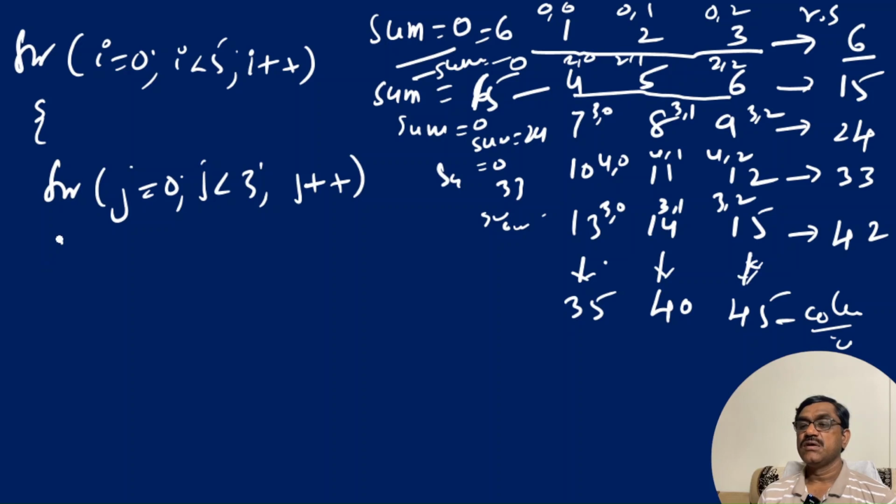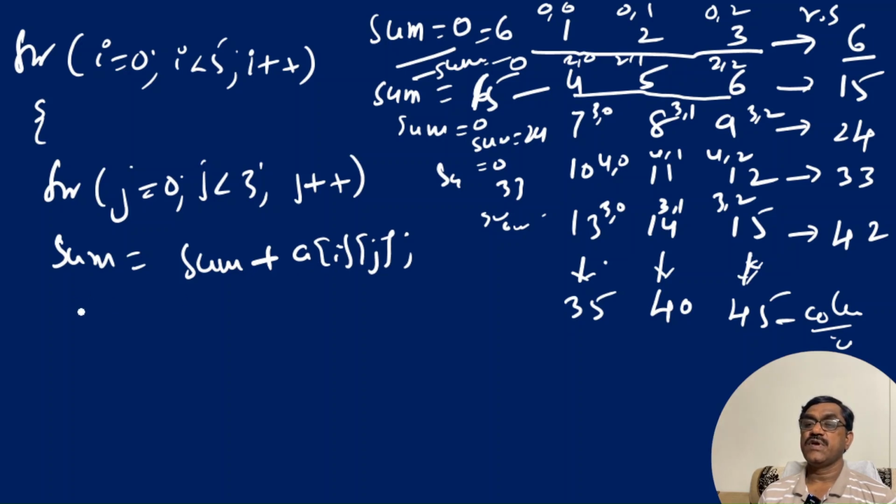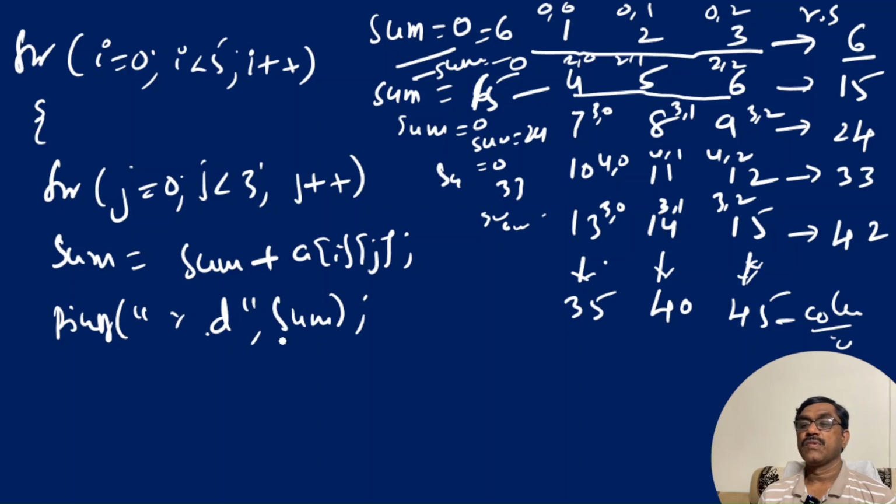You write sum equals sum plus a of i j, and then we have printed printf percentage d, double quotes close, sum. After that we have written sum equals 0, closing brace.